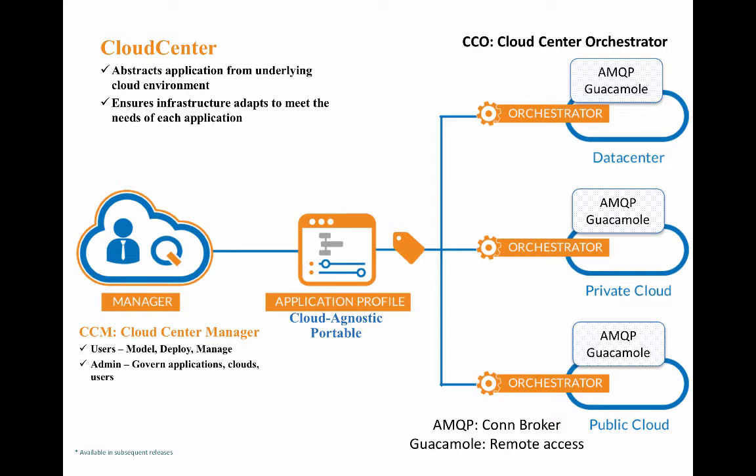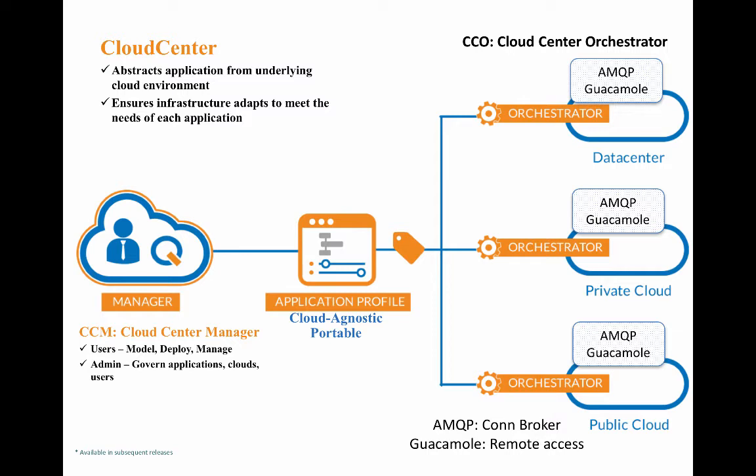Now, as an admin, you'd log into a manager, and we call it CCM, CloudCenter Manager, where you model, deploy, manage, and do all the stuff an admin does to govern applications. And there you create the application profile. I'll show a demo after this of how you do that and what it does. And as I said, it's cloud agnostic, portable.